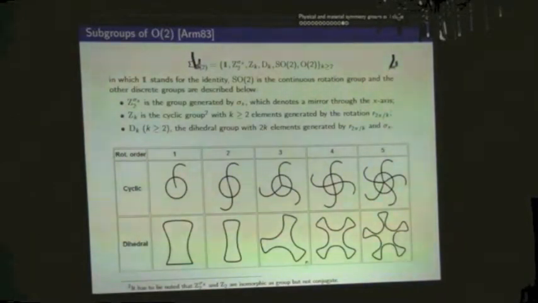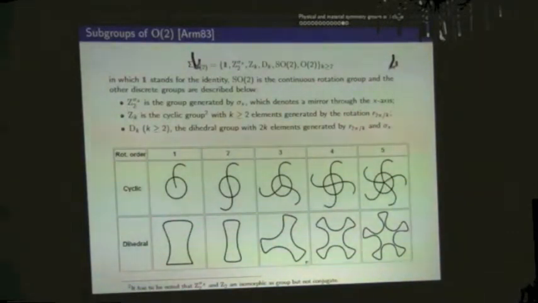So from Z_k I construct D_k, and since you have mirror operations that leave your object invariant, it's the class of a non-chiral pattern. If something is D_k invariant, this object, be it a microstructure or a tensor, is non-chiral.